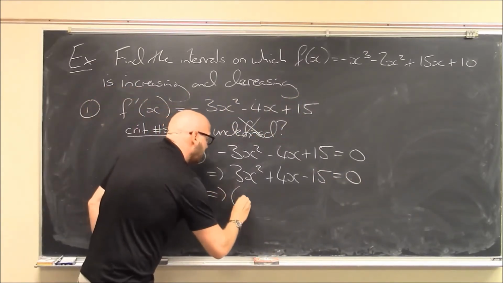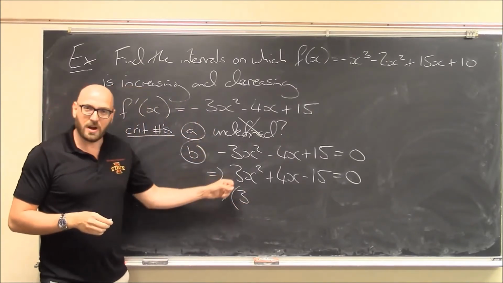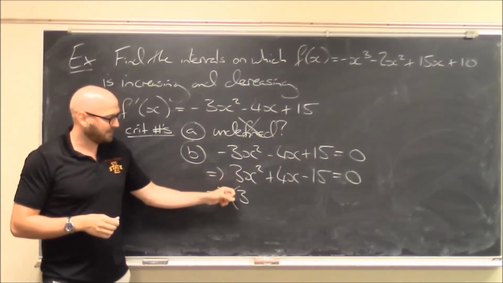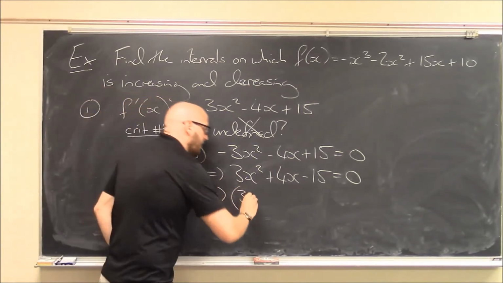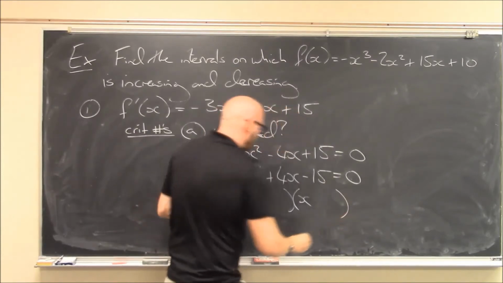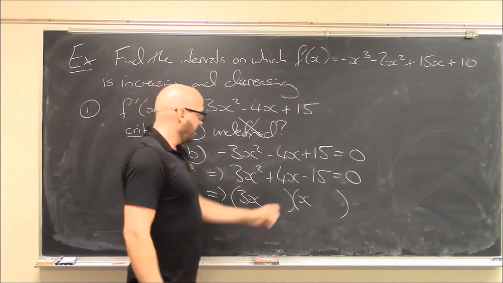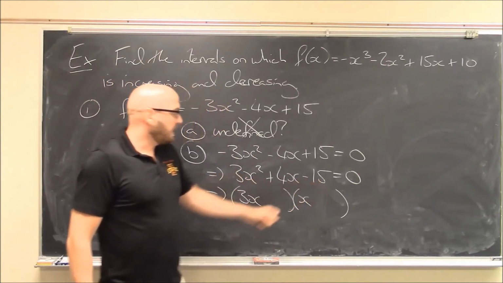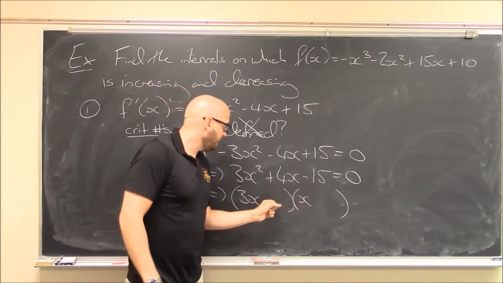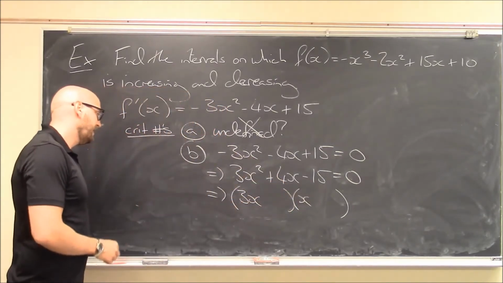The 3 throws us for a bit of a loop, but the nice thing about 3 is it's prime. The only way to get 3 as a product is 1 times 3. So if it factors, it has to factor like 3x times x is my leading terms here. And now I need two numbers to multiply together to give minus 15. But when I plug them in here and I distribute, I'm going to end up with 4 x's in the end.